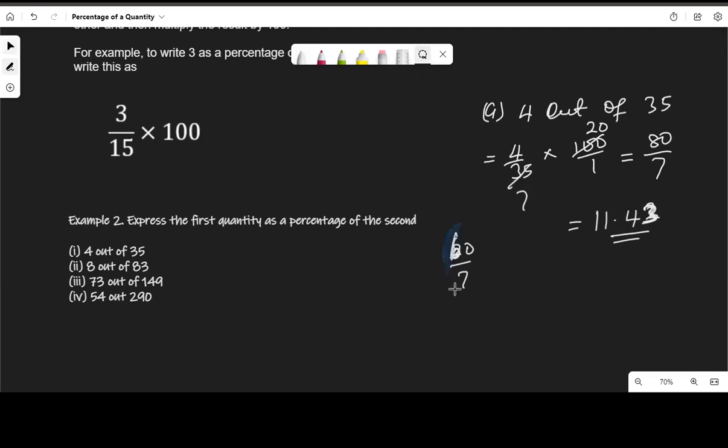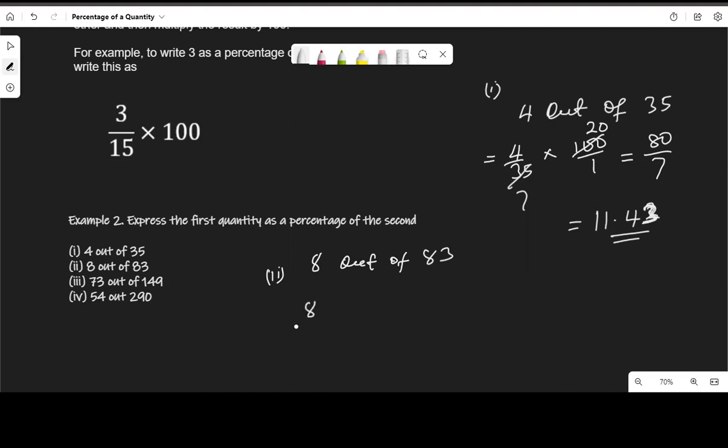Let's move on to the second one. The second one says 8 out of 83. That is question 2. It's actually question ii, the Roman numeral. Here I have 8 out of 83.